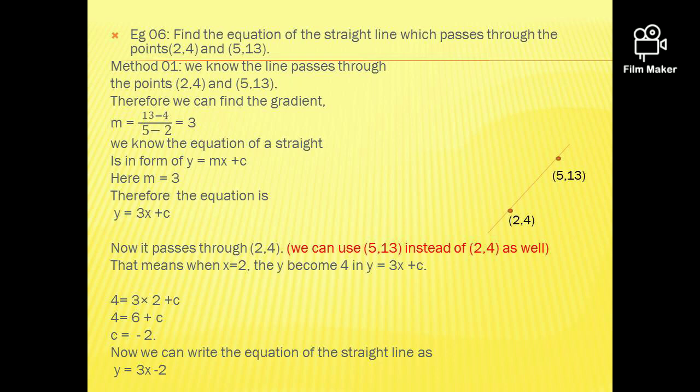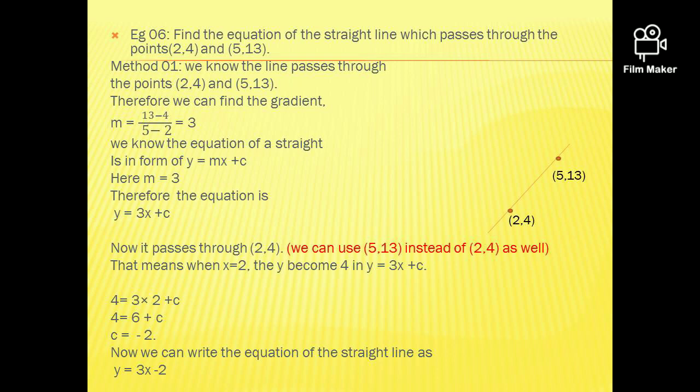It doesn't matter how you select it. So I will get the gradient using m equals y1 minus y2 divided by x1 minus x2. That is 13 minus 4, y1 minus y2, divided by 5 minus 2, x1 minus x2. If you simplify, you will obtain the answer as 3.